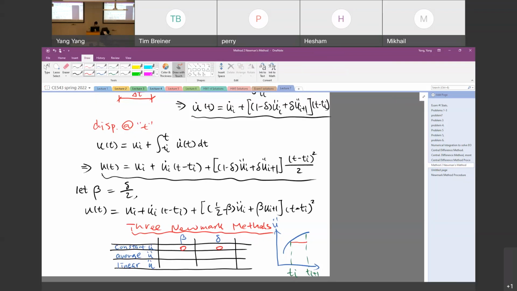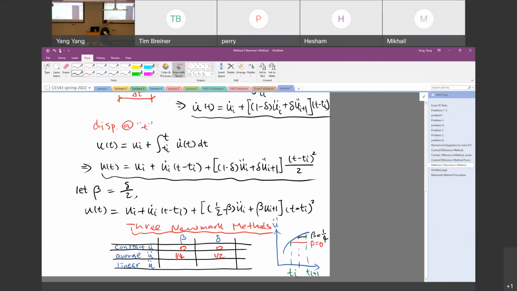And the second one is called average acceleration. So we have beta equal to 1/4 and delta equal to 1/2.